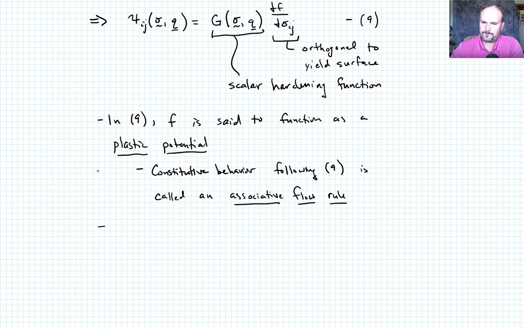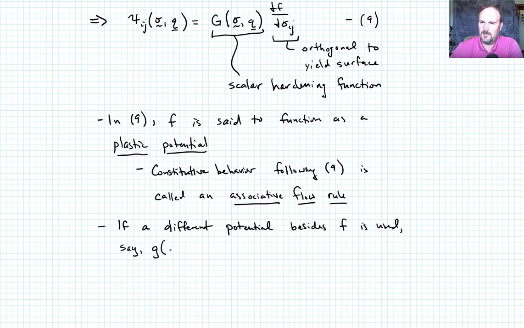So if a different potential from f, or besides f, is used, let's say g, still a function of sigma and q, then the resultant flow rule is going to be called non-associative. Just some definitions.